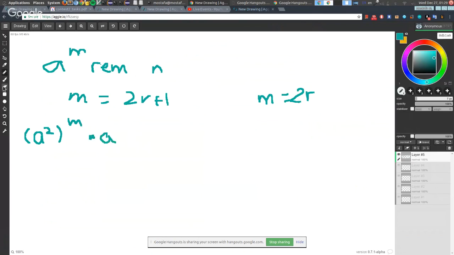Sorry, this for r. And here we can compute this. And from modular arithmetic, we know that we can make this.